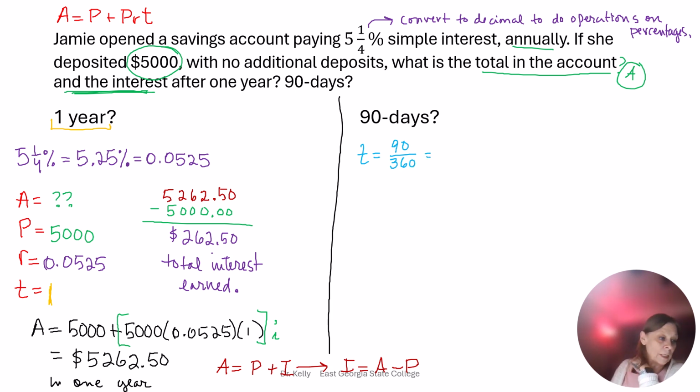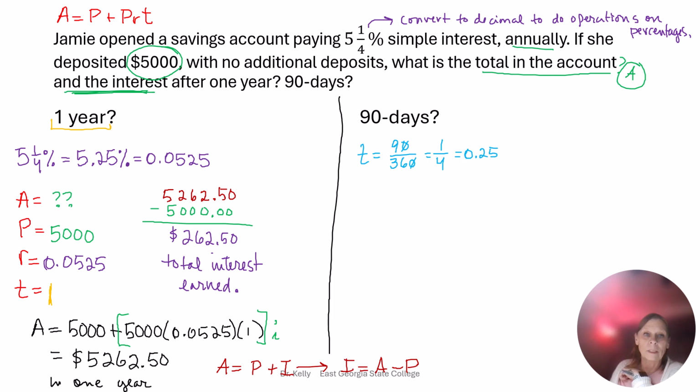Okay, and when we clean that up, let's see, the zeros come off. 9 goes into 36 4 times. So that is equal to 1/4.